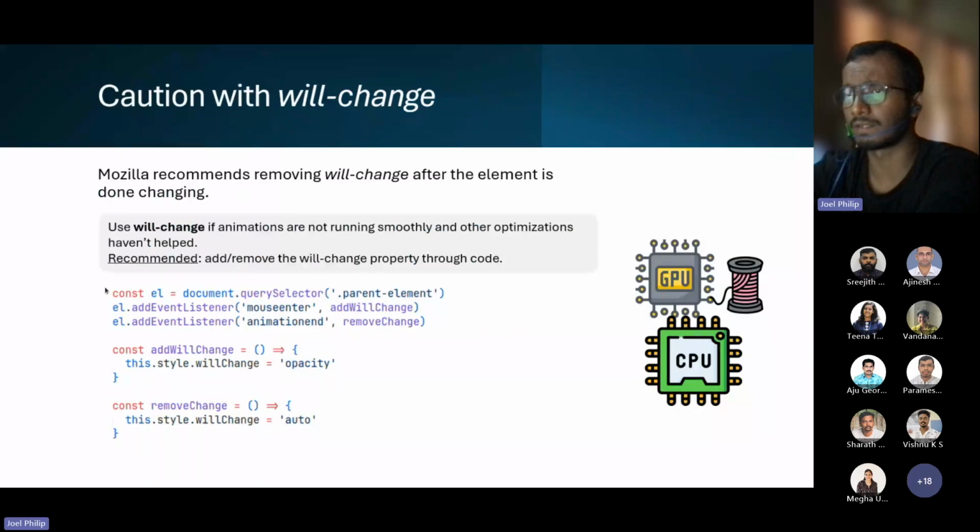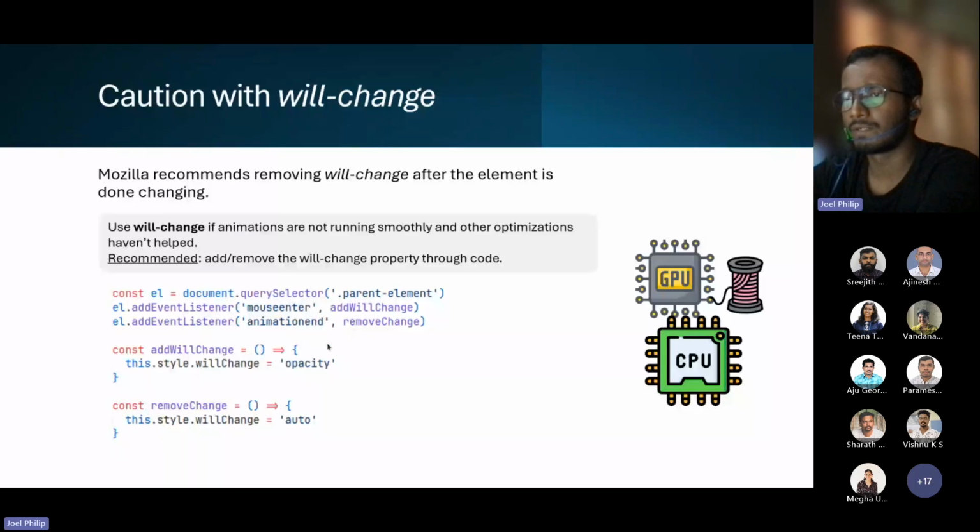And there is a recommendation. Mozilla recommends that you add this will-change property to elements just before the animation, and remove it after the animation is completed. So you can see this JavaScript code which is doing that. We are creating an event listener for the mouse enter, and we are creating a listener for the animation end.